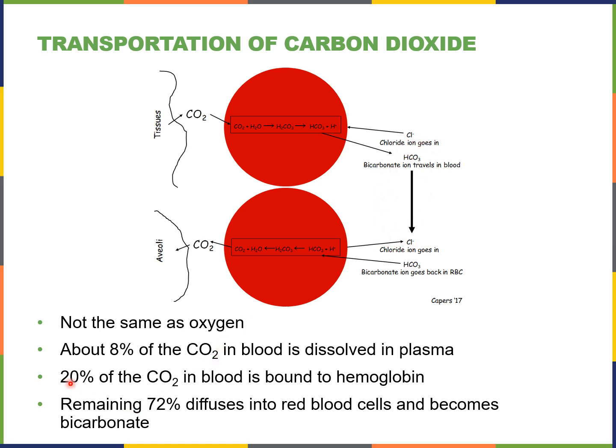Just know that the majority of carbon dioxide within our body is carried as part of that bicarbonate buffer system. So again, about 72%, as high as 80%, is in the red blood cells becoming bicarbonate. I'm not too concerned with you understanding the chemistry of that, so don't get too caught up in that within the reading either. Just know roughly how carbon dioxide is carried throughout the body and exchanged throughout the body.